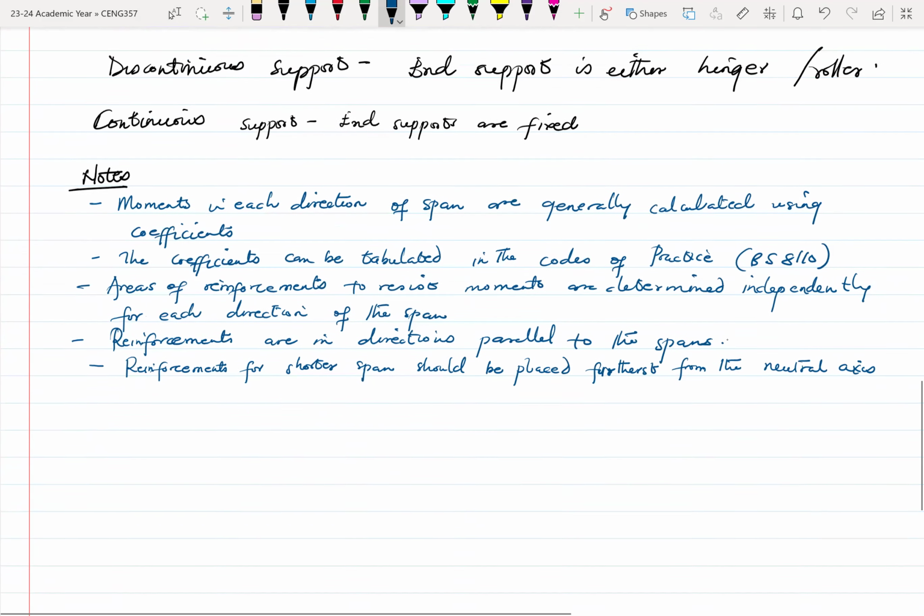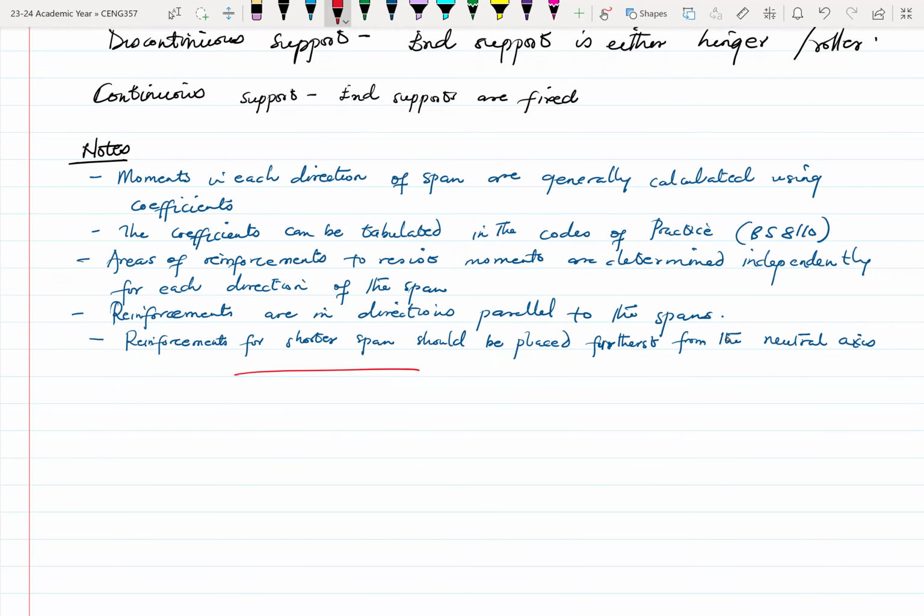Okay, if for example we take a slab, you have two reinforcements at the bottom. They'll be going at 90 degrees to each other. Now we are saying that the rebar here, the one furthest away from the neutral axis, is the rebar for the shorter span.